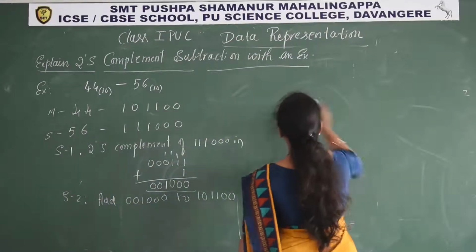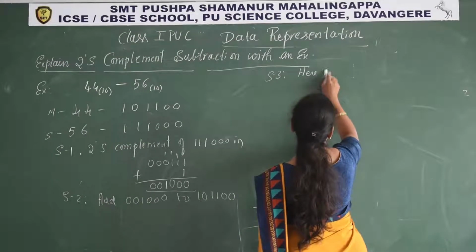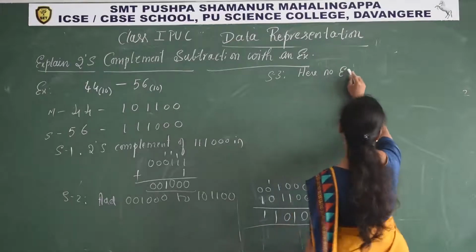So we have to take 2's complement of the result.